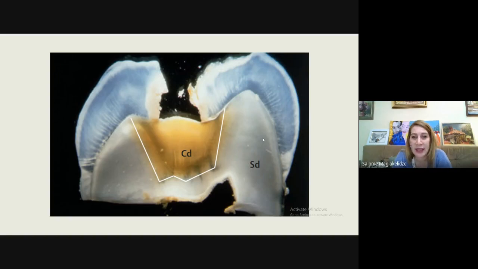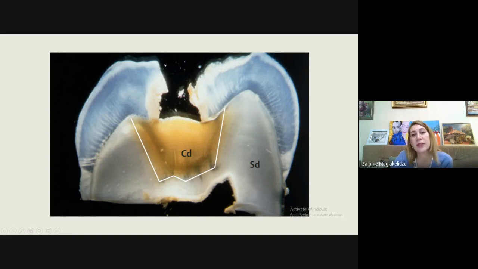When we have decay and cavitation in the enamel, like here, you have heard this before in the lectures, but first let me explain that. As you remember, this is the enamel. This is the enamel-dentinal junction, this white line here, and this is dentin, yes?